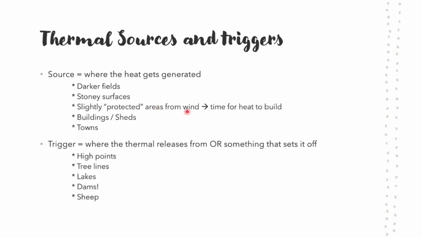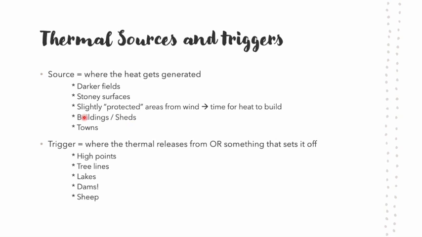Slightly protected areas from the wind, as we discussed earlier. If there's an area protected by trees, where there's time for heat to build up, that might be a good source. Buildings and sheds.